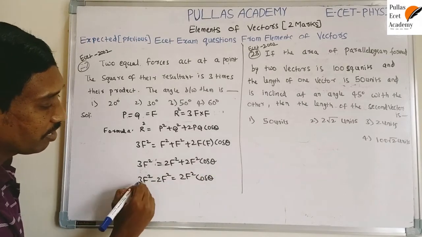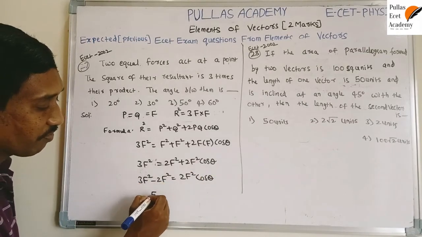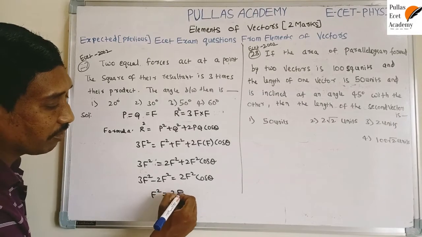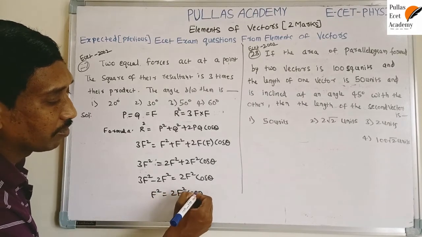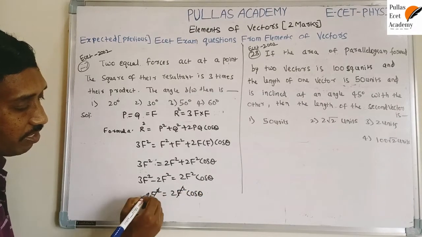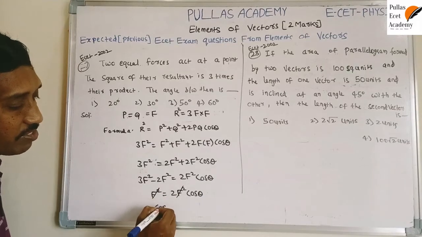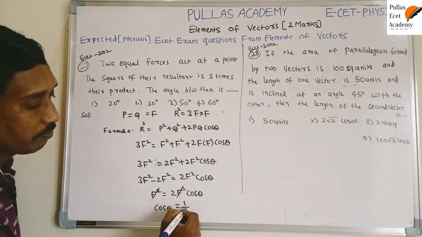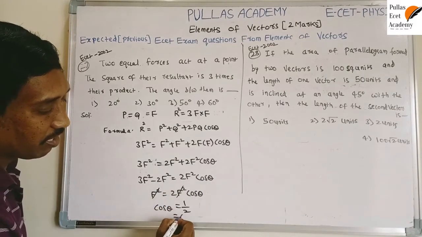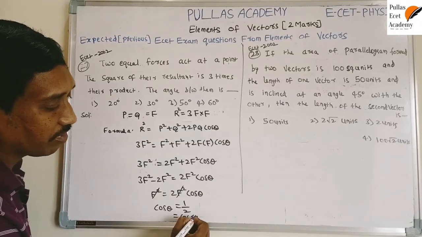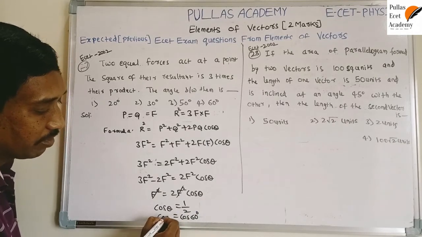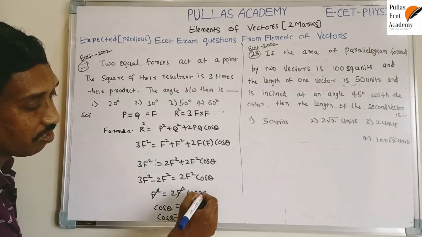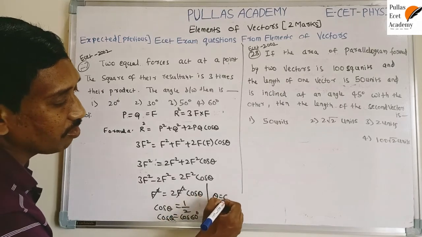Shifting, 3F square minus 2F square is F square, equal to 2F square cos theta. F square cancels, so cos theta is equal to 1 by 2. 1 by 2 stands for cos 60 degree, that means theta is equal to 60 degree.